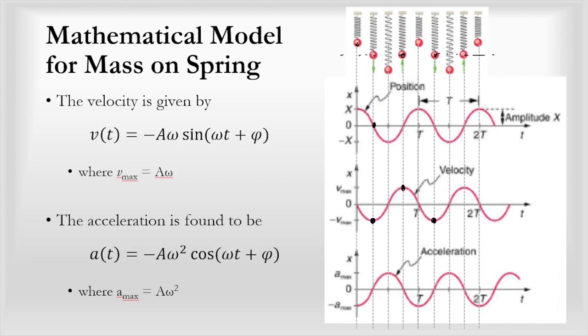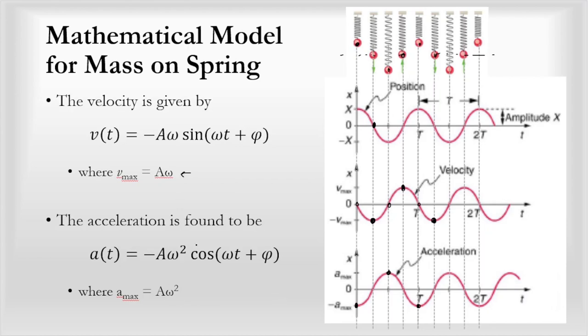When it stops here, we can see it stops here, here. That's where it experiences the maximum force and the maximum acceleration. Those things don't happen at the same time. Maximum velocity is when there's zero position. Maximum acceleration is when there's maximum displacement.